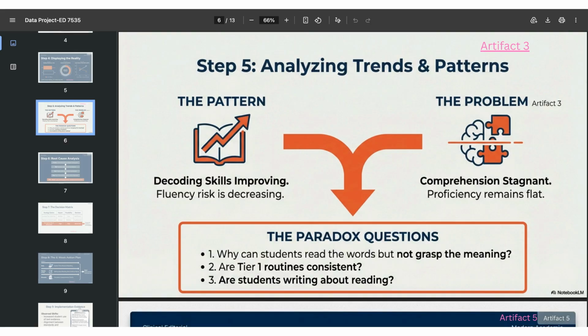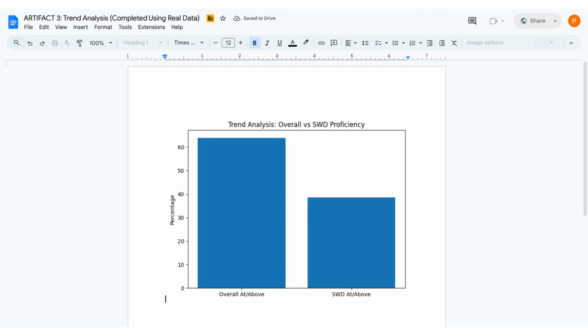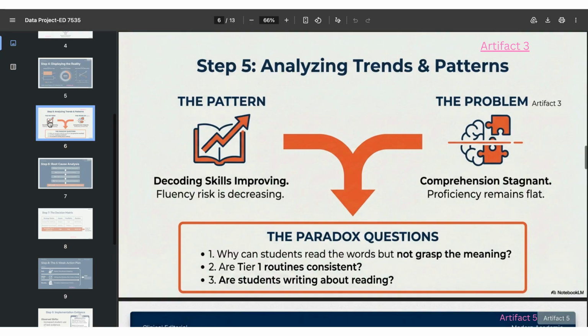Are tier one comprehension routines consistent across grade levels and classrooms, and are students regularly writing about reading? Artifacts included the completed trend analysis template and also our root cause reflection document that you can see right here in artifact 3. This ensured that thorough data analysis took place rather than surface level observation.